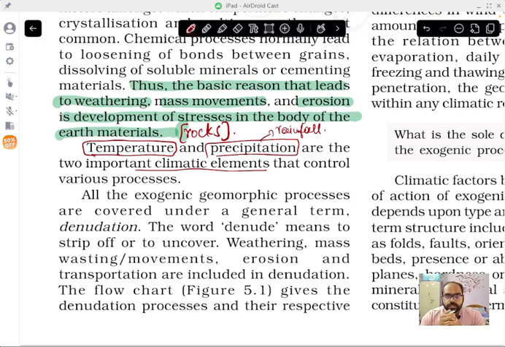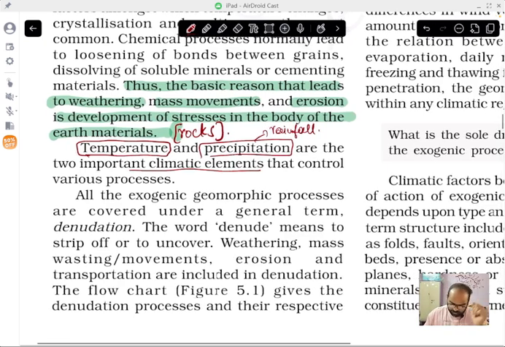Temperature and precipitation control these exogenic processes. We will look into it one by one.